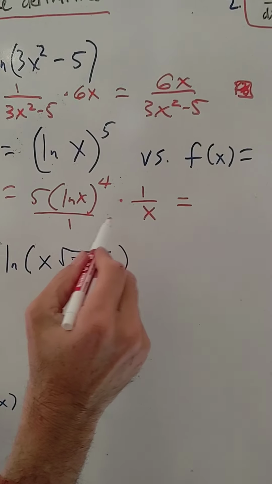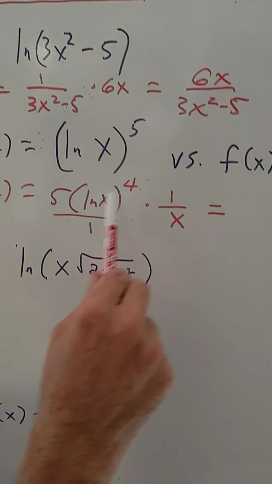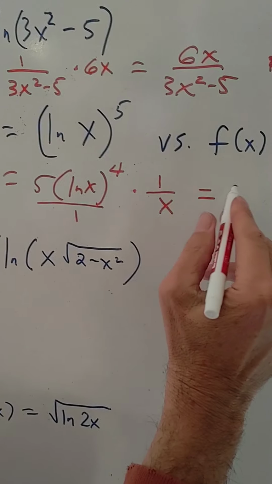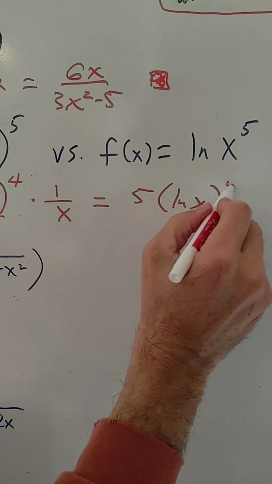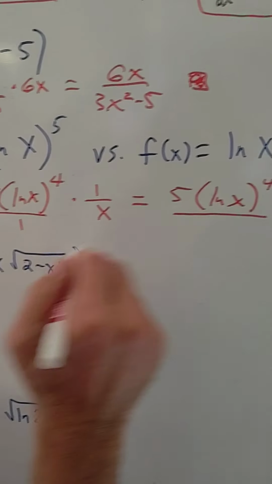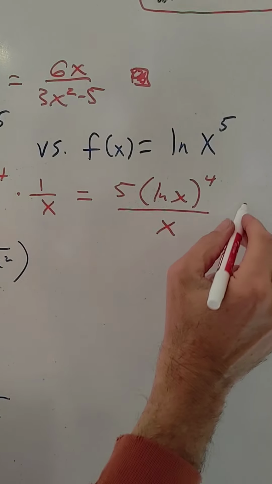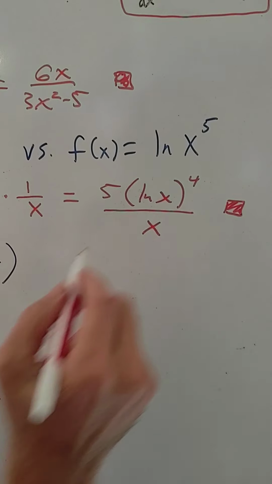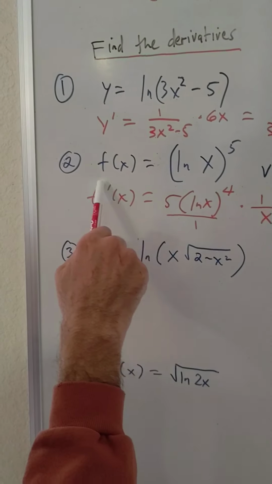When you multiply fractions, you do not need a common denominator. Just multiply the numerators. The numerator product is just 5 times the ln of x to the fourth, over, and when I multiply the denominators, 1 times x is just x. And that is done. So that would be the derivative for this first function.